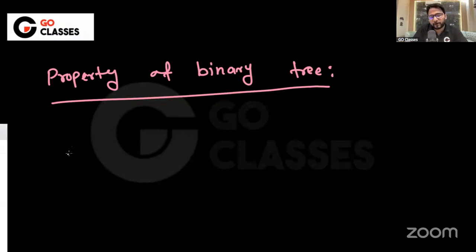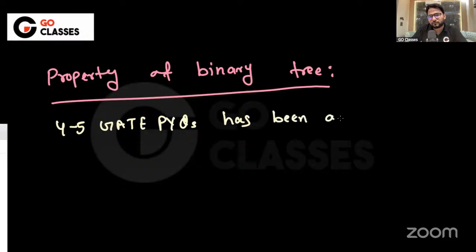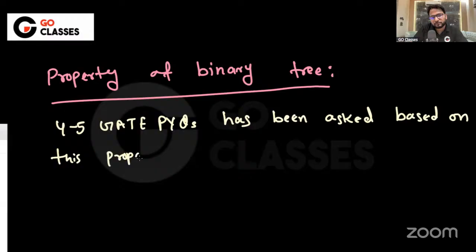It may not be that popular, but still GATE has asked at least 4 to 5 PYQs based on this simple property, and we will solve those PYQs. Don't worry. First let me tell you the property.